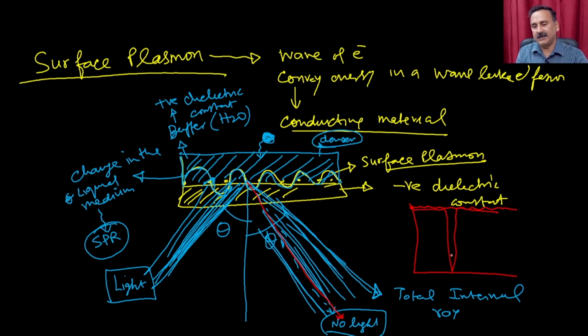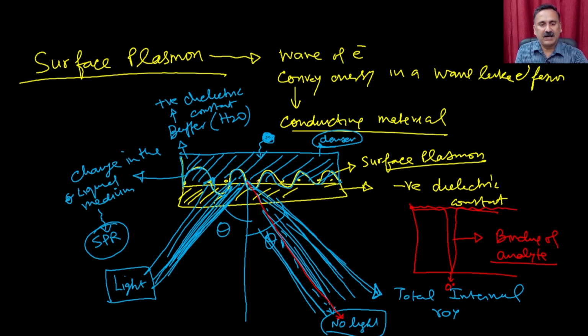So this dip is nothing but the loss of light, because at this particular angle, there is an absorption of light, and because of that there is a loss of light. Okay, and this is very specific for the binding of the analyte to the molecule which is present on the surface.